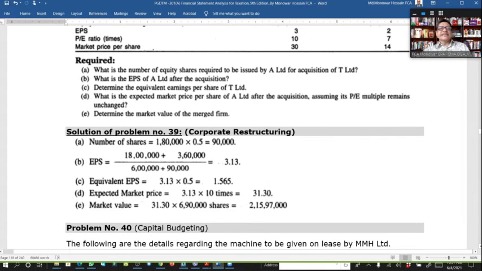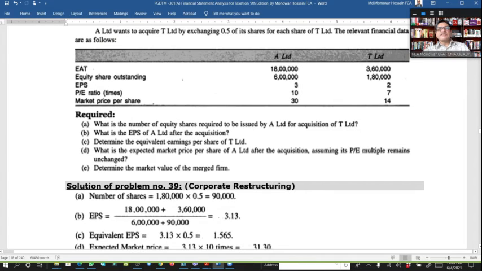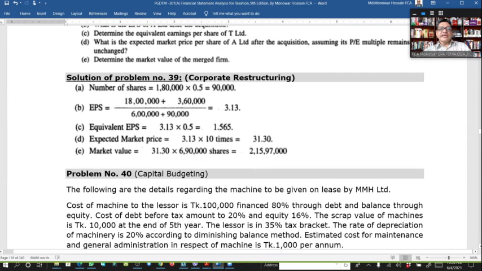And what is the exchange market price per share? Multiply by the P/E ratio. So what would the expected market price be? 3.13 multiplied by 10 times. This 10 times is the price earning ratio of A Limited. If it's fixed as per the question, then the market value per share is 30.30 taka.